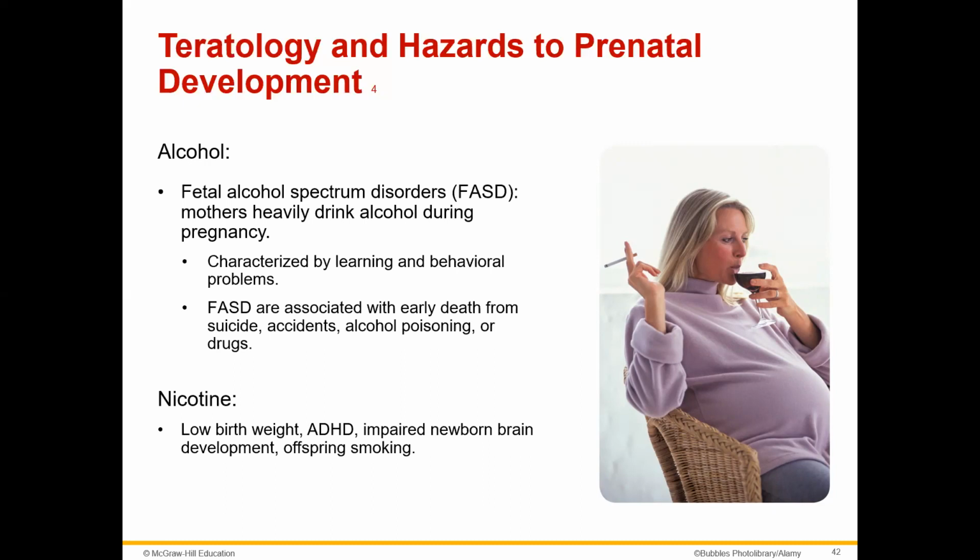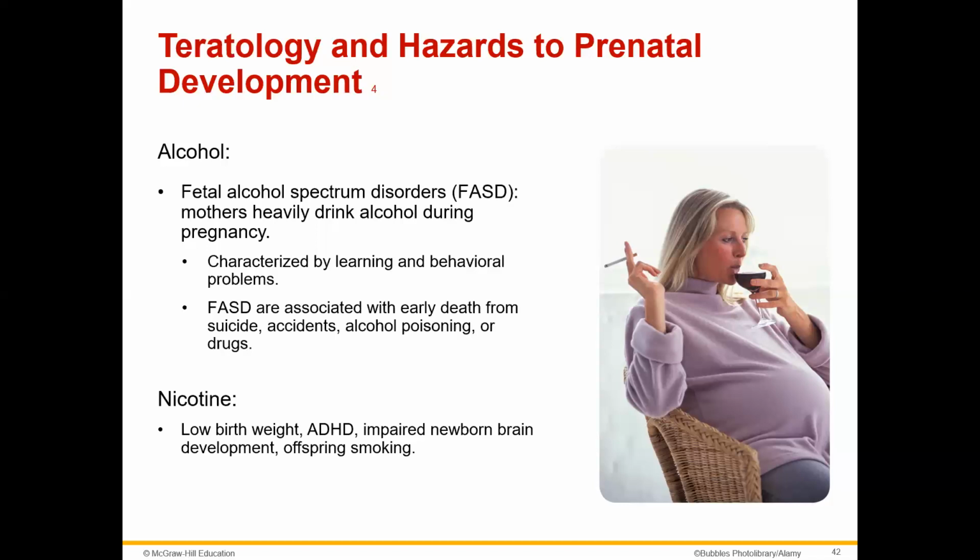Those in severe categories, mothers that have drank heavily during pregnancy, the infants are characterized by learning and behavior problems, as it says here. It's associated with early death as well in FASD babies. Their life expectancy is only 34 years.